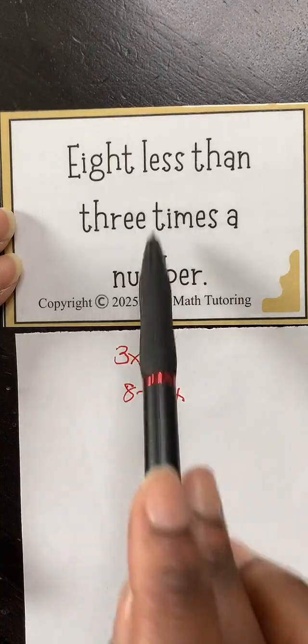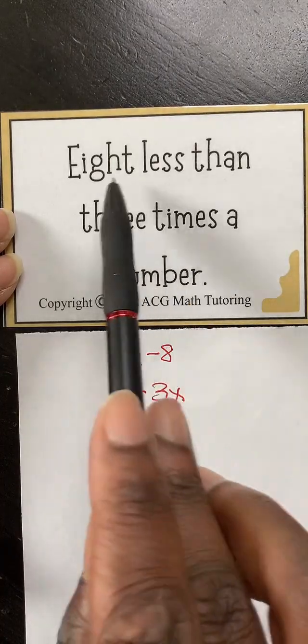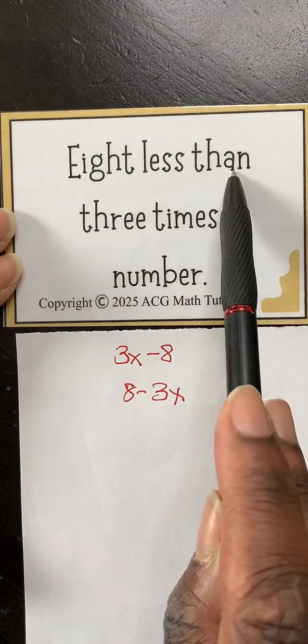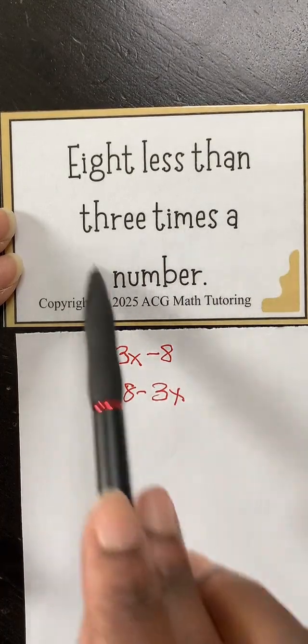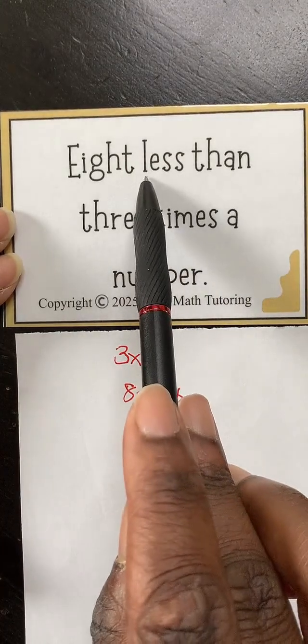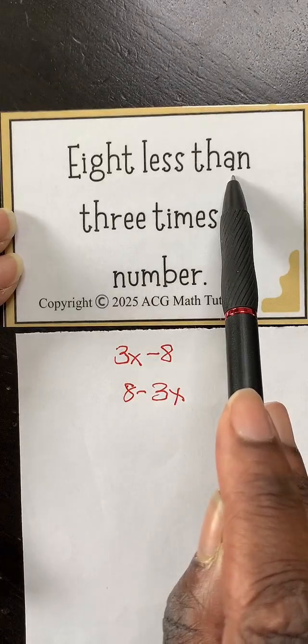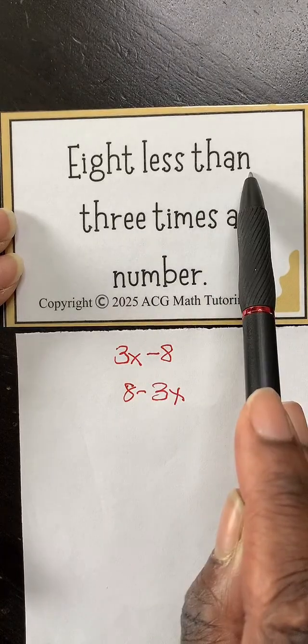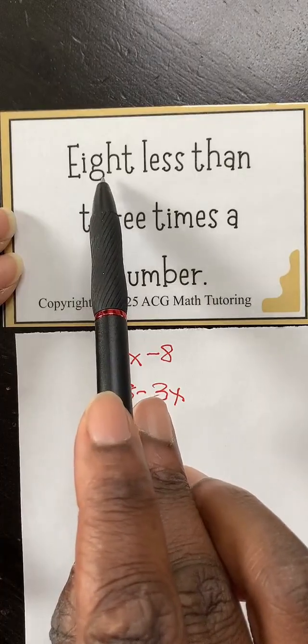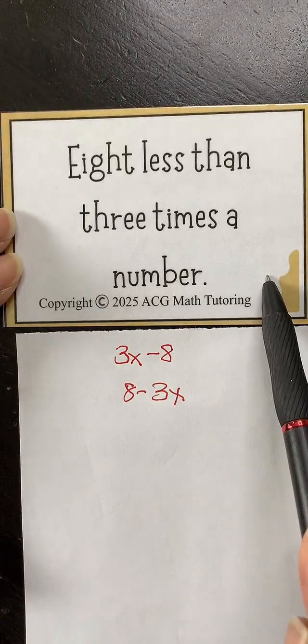Now, 3 times a number, that's another section. So there's 2 things happening here. We have the 8 that's being less than, and we have the 3 times a number. Anytime you see less than or more than, the number that's in front is now coming to the back.